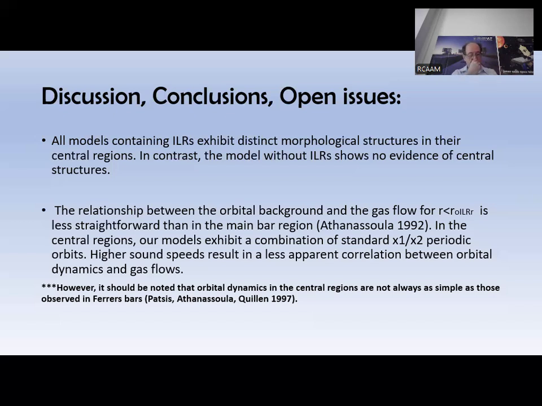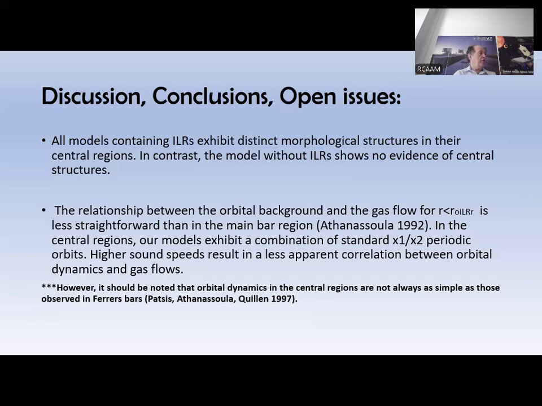What we have seen is that when the sound speed was low, we could point to correspondences between the orbital dynamics and the response in the gas more easily than when we increased the sound speed.